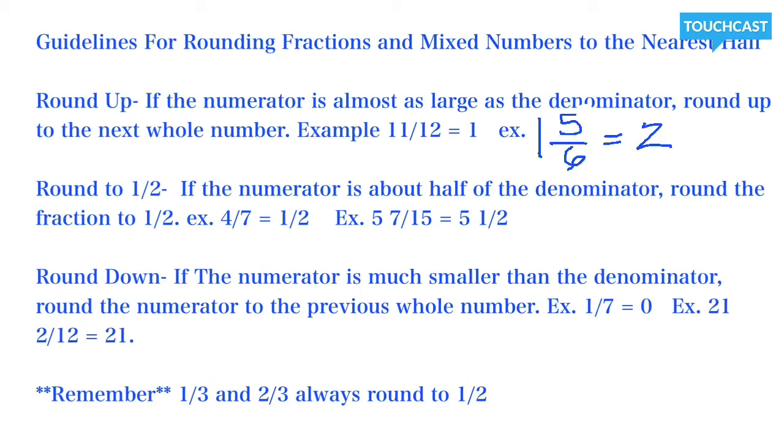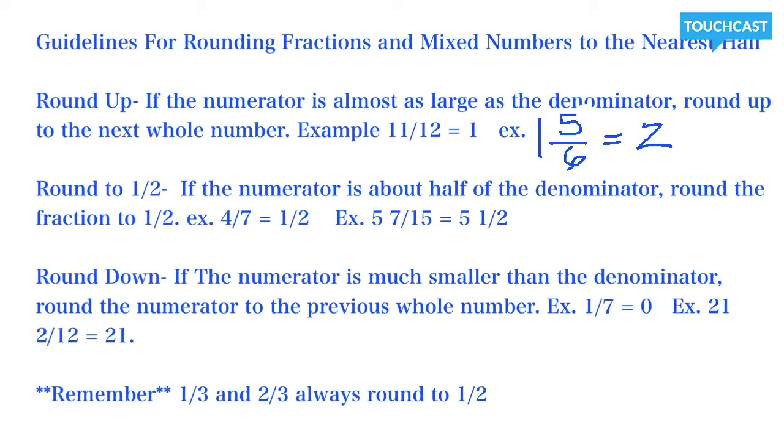So, the first thing is when you want to round up. If the numerator is almost as large as the denominator, round up to the next whole number. For example, if your fraction is 11/12, 11 is very close to your denominator 12, so that will round up to 1 whole.